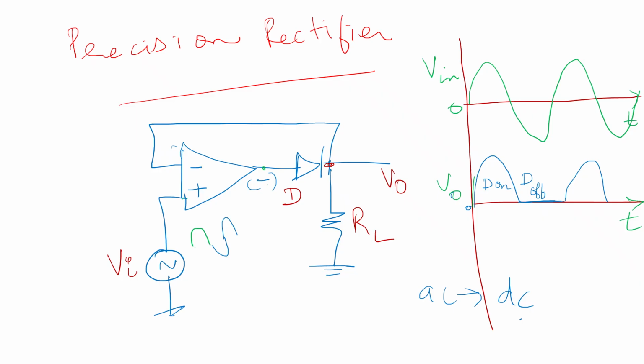Next, we'll go to another circuit called the ideal rectifier, which produces the same kind of waveform as the previous one. In the previous one, a complete input sinusoidal wave was given, and we got outputs only during the positive half cycle.